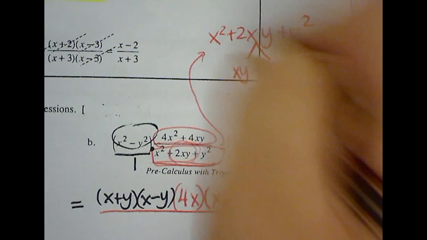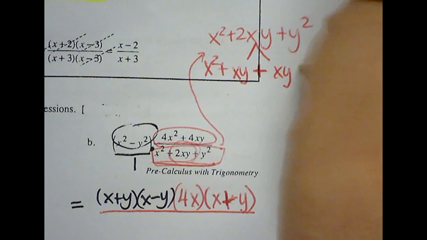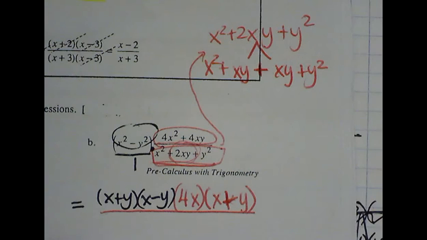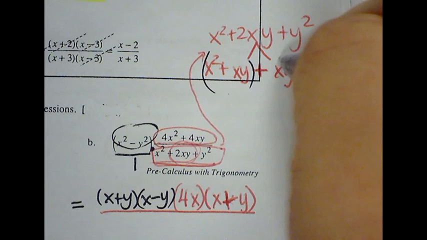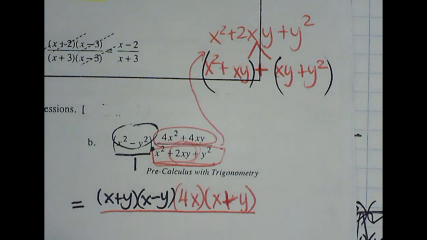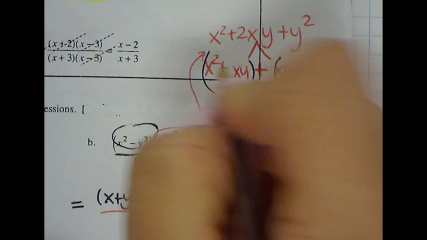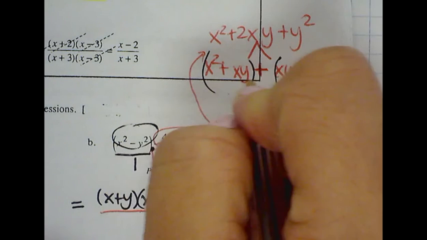Is that okay? What can I factor out of here? An x. So I'll be left with x plus y inside, right? Yeah? What can I factor out of here? I'll be left with x plus y here.